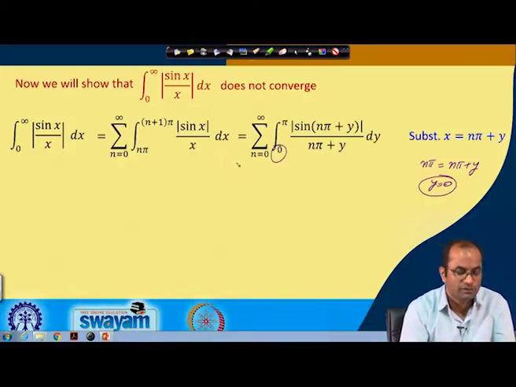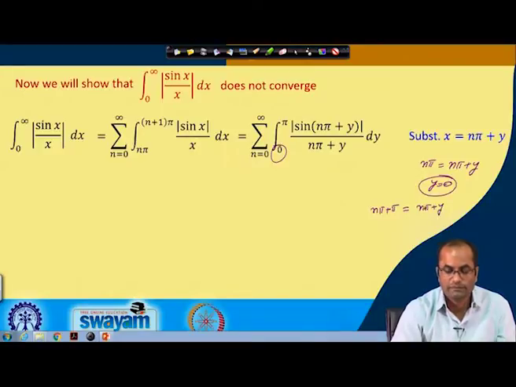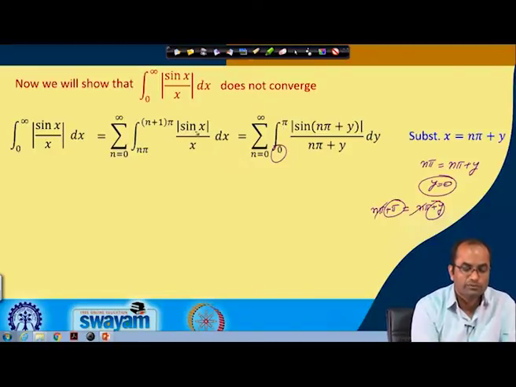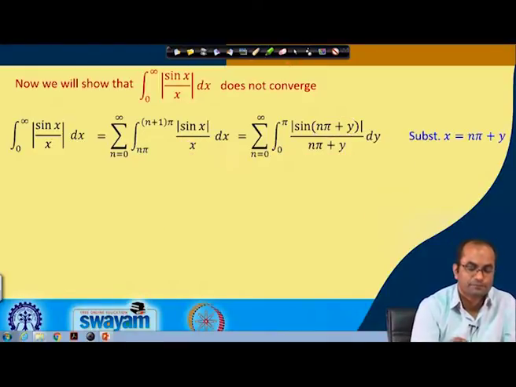So this goes from 0 now, and when x was taking the value n pi plus pi, y will take the value pi. So our integral is now from 0 to pi of the absolute value of sin of n pi plus y, and here also we have substituted for x, that is n pi plus y.